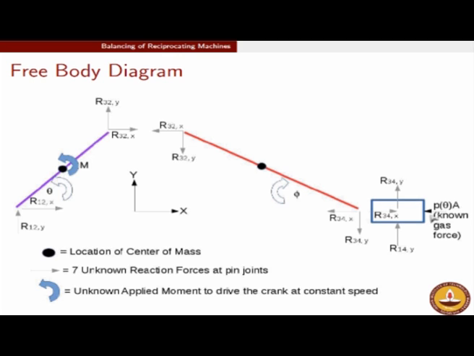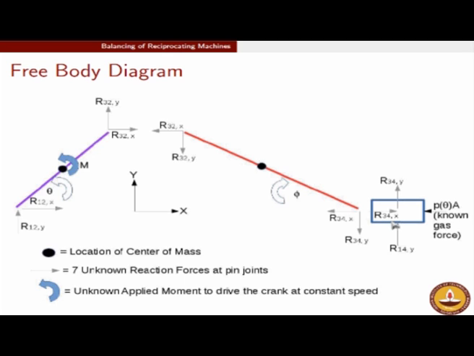To give you another example, let us now look at this piston. On the piston you have a gas force which is known, as I said, from thermodynamic considerations. The piston itself is bearing an action reaction force which comes firstly from the connecting rod. The connecting rod, which is connected to the piston, will give a force to the piston, which is symbolized as R34,x in the x direction and R34,y in the y direction.